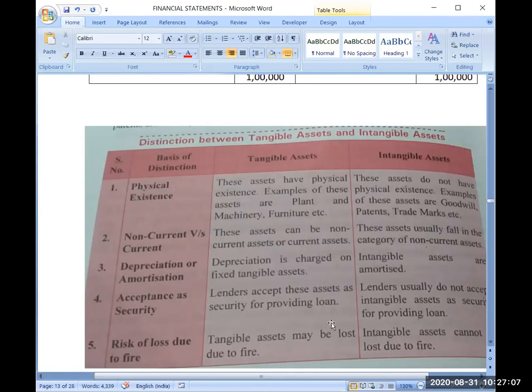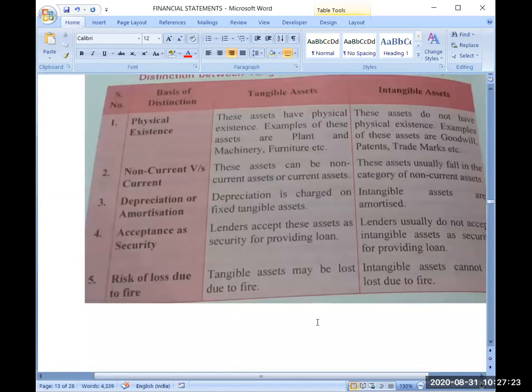On acceptance as security, you can keep tangible assets as security if you want to take a loan, but lenders will not accept your intangible assets for giving you loans. So you can get loans only on the security of tangible assets. Next is risk of loss due to fire.